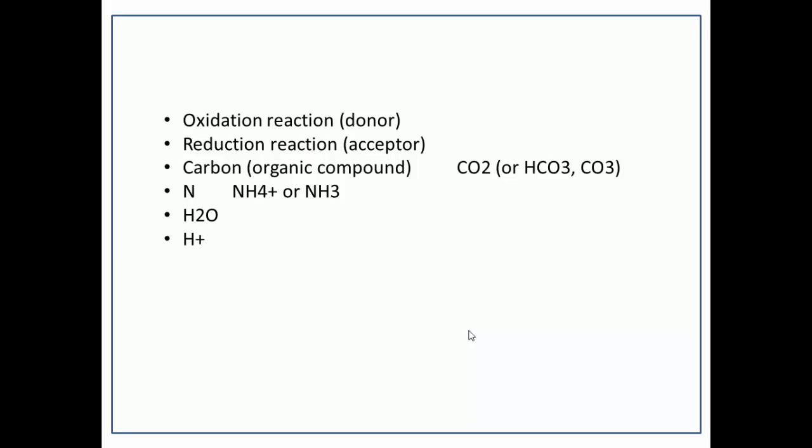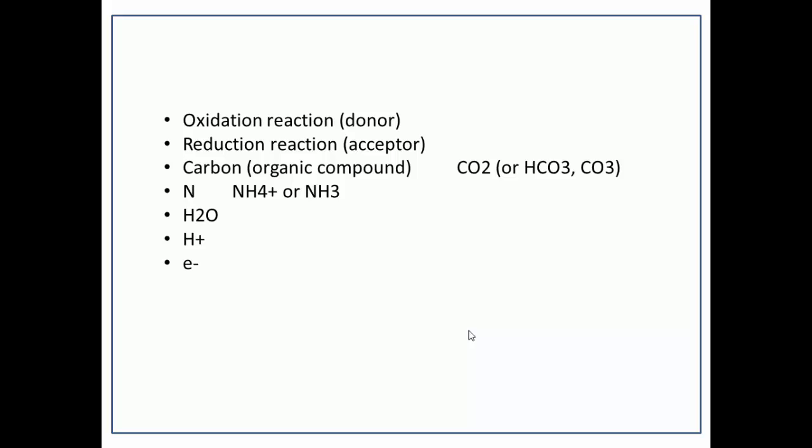And then we have hydrogen ions or protons. We use these in balancing for hydrogen. So if you have balanced for the organic compound, the carbon, and the nitrogen, you can balance for hydrogen using protons.